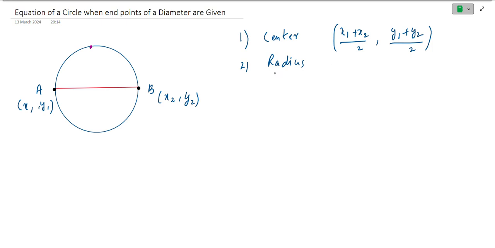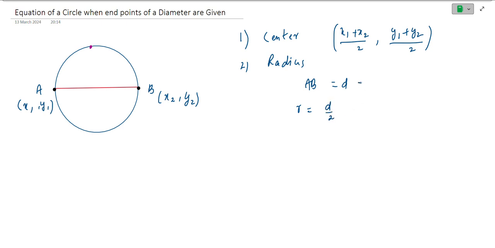After finding the center, I can find the radius by using the distance AB. Distance AB represents the diameter of the circle, so the radius of the circle will be half of the AB distance, that is d by 2.